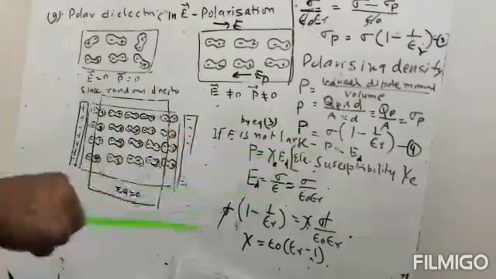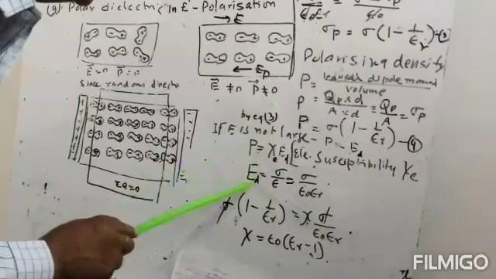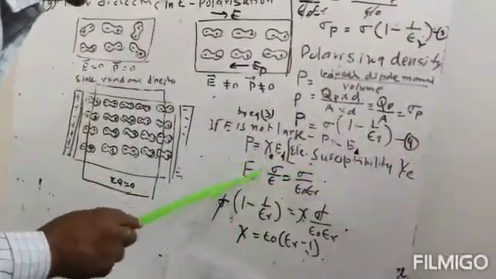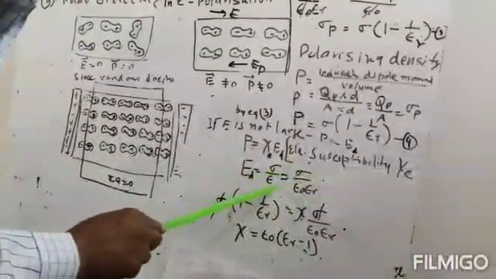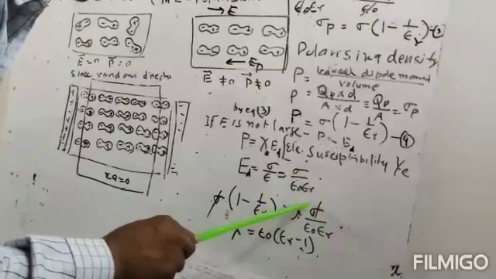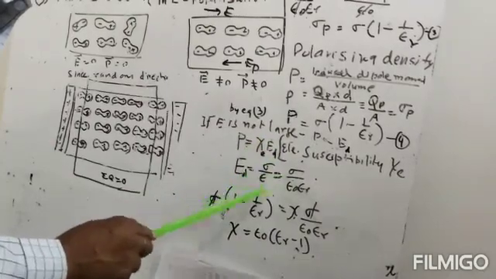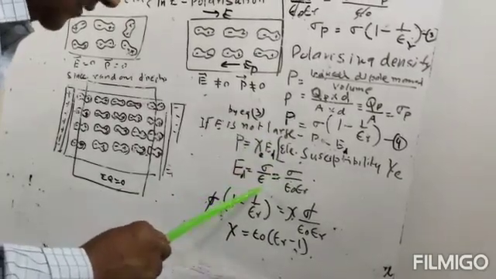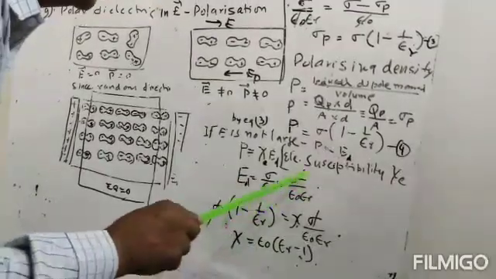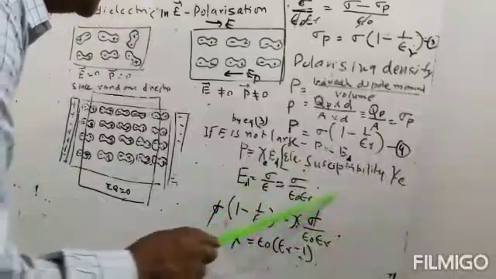So here we can take that E will be equal to sigma by epsilon 0 epsilon r. Means E is the total field, which will be equal to the total charge sigma divided by the epsilon for the medium. So we can write sigma by epsilon 0 into epsilon r. So E is equal to this much.